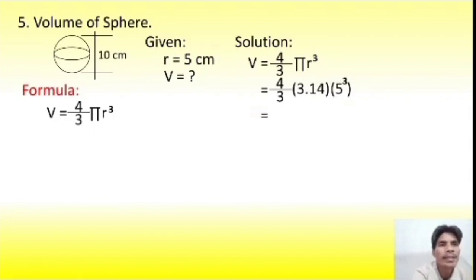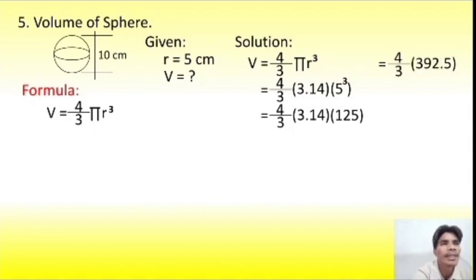Then equals copy 4 over 3, copy 3.14, then 5 cube means 5 times 5 times 5 is 125. Then equals copy 4 over 3, 3.14 times 125 is 392.5.